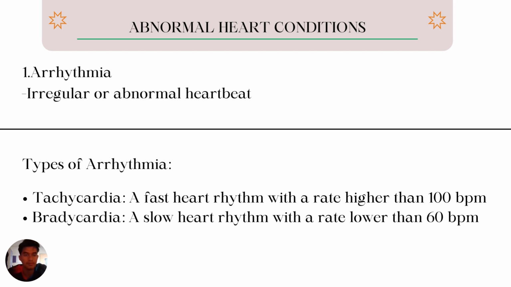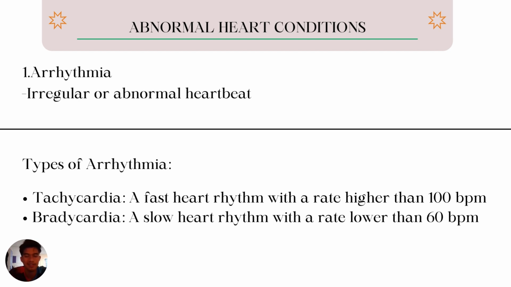Next, I will talk about abnormal heart conditions. The first one we have is arrhythmia. Arrhythmia is an irregular or abnormal heartbeat. So there are two types of arrhythmia. The first one is tachycardia, a fast heart rhythm with a rate higher than 100 bpm, and the second one is bradycardia, a slow heart rhythm with a rate lower than 60 bpm.